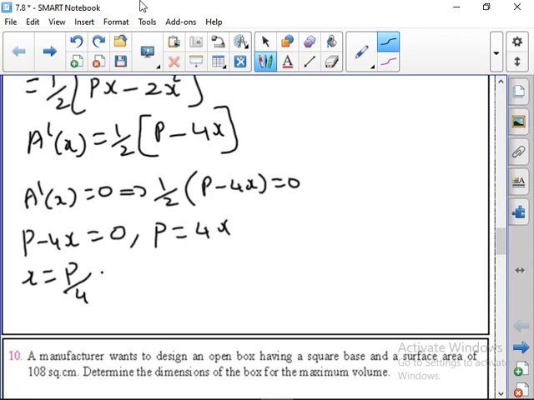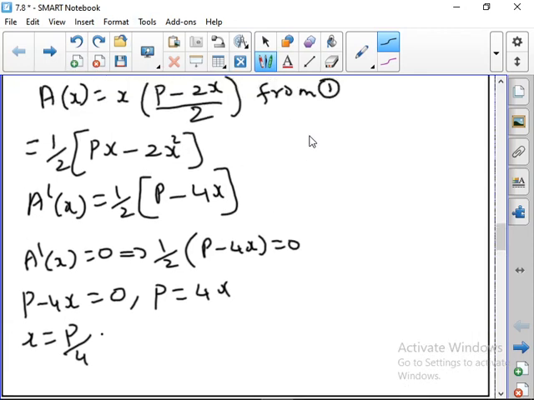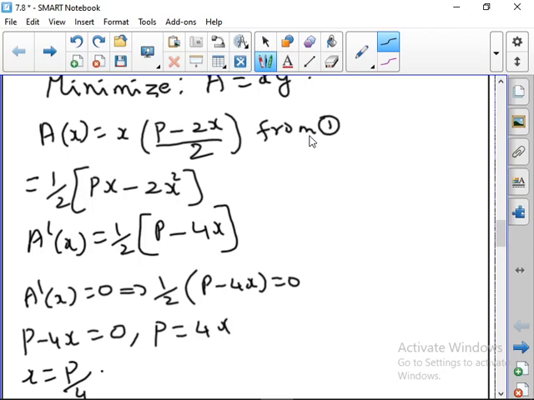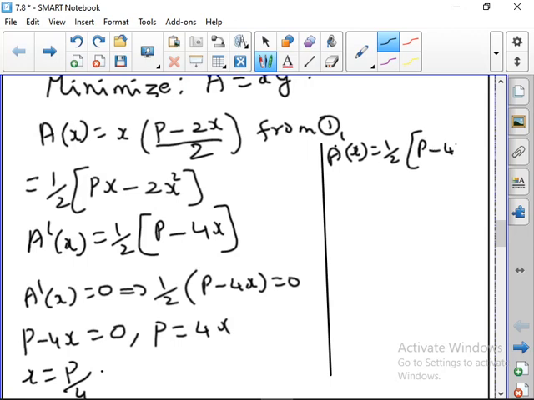So now we have to find A double dash. What is A dash of x? A dash of x is 1 by 2 into p minus 4x.